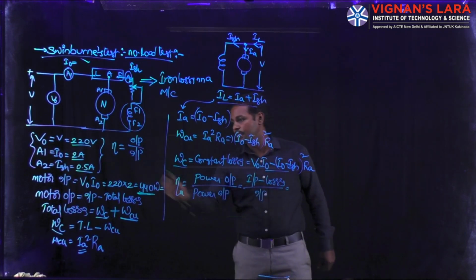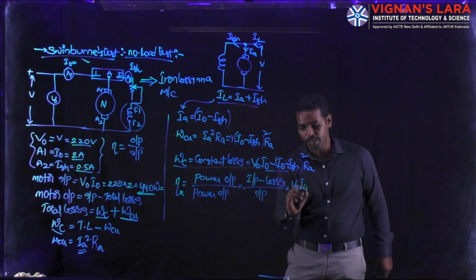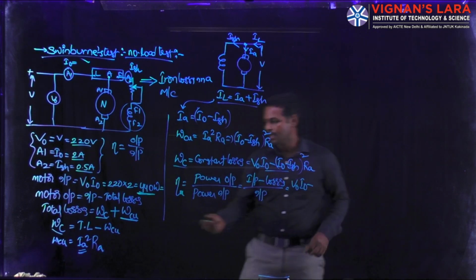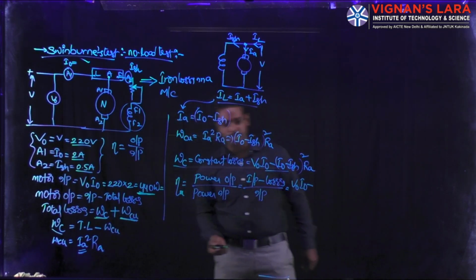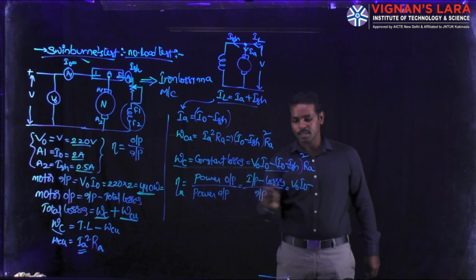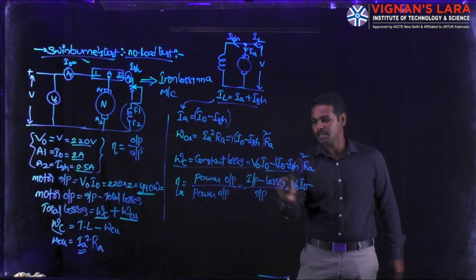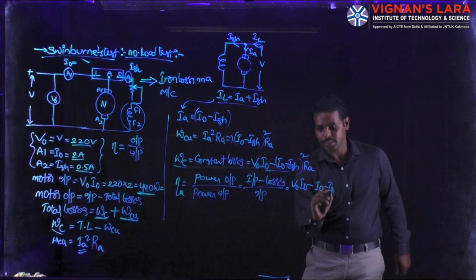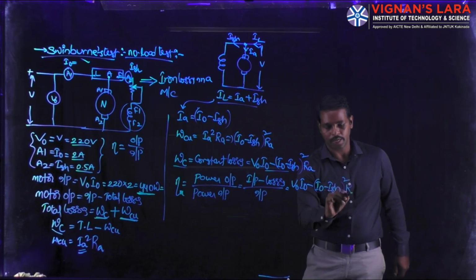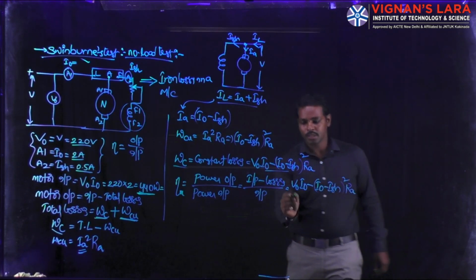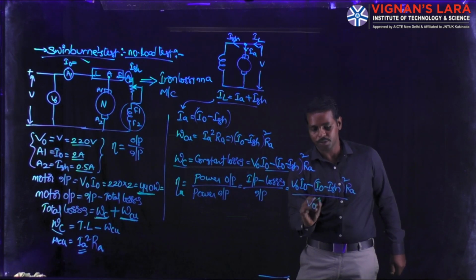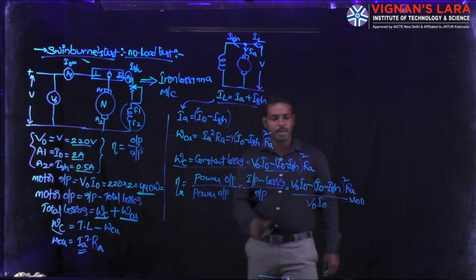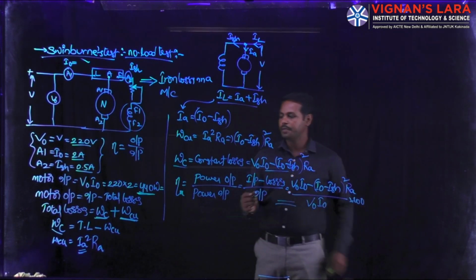Input is equal to V naught into I naught, minus losses, which are the two types: constant losses plus copper losses. So input minus total losses is V naught I naught minus I naught minus ISH whole square into RA, divided by input V naught into I naught, into 100%. Based on these equations, we can find out the efficiency of a motor.